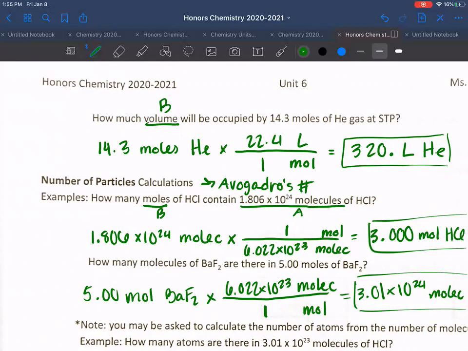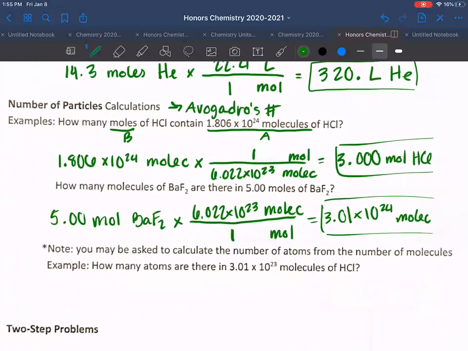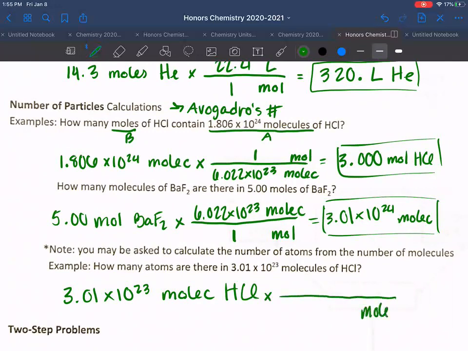Okay. So what I've been talking about, we haven't done yet, we'll do it now, but you can be asked to find the number of atoms from the number of molecules. So if we have 3.01 times 10 to the 23rd molecules of hydrochloric acid, we know that we want to get rid of molecules, so that will be on the bottom. We want to know how many atoms are in one molecule.